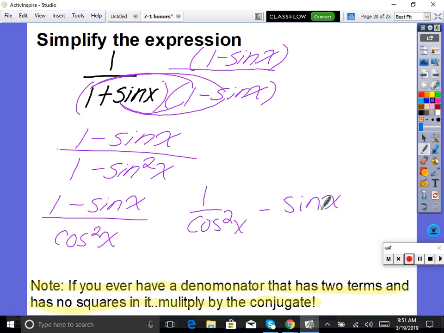So some of you are feeling like you want to split it up. Let's roll with it and see what happens. Okay, so what would you do next? Secant squared x. Oh wait, no, because they're both not squared.